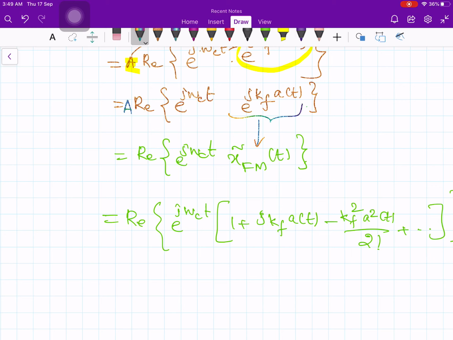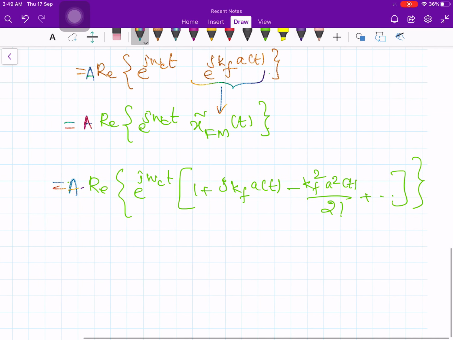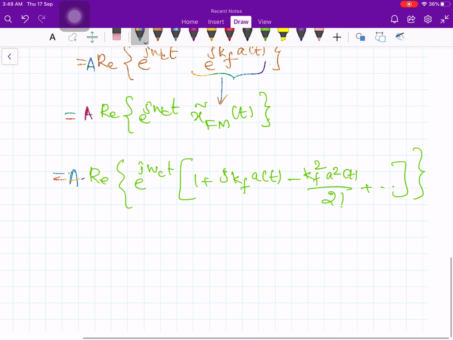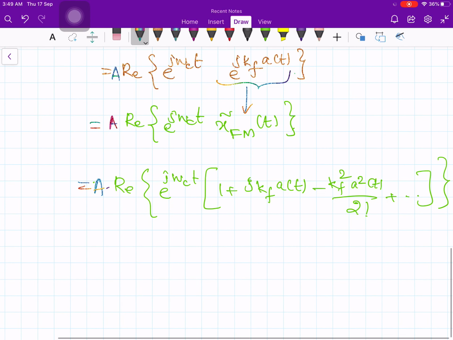Now you multiply inside and take the real part of that.